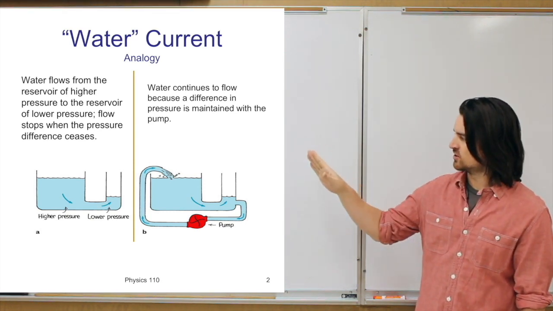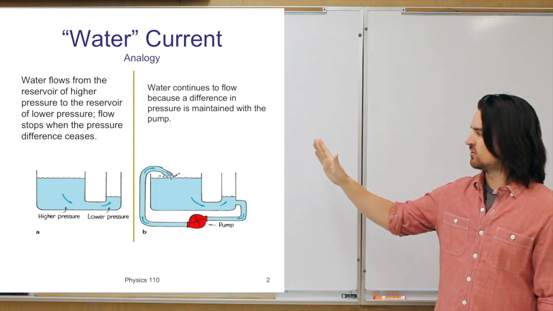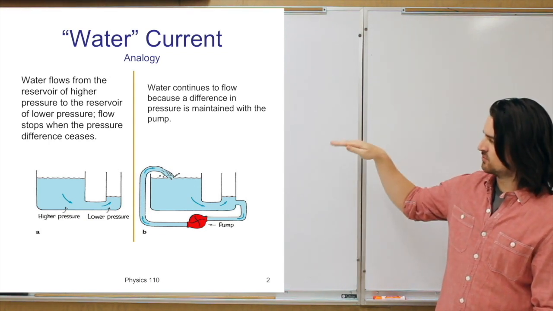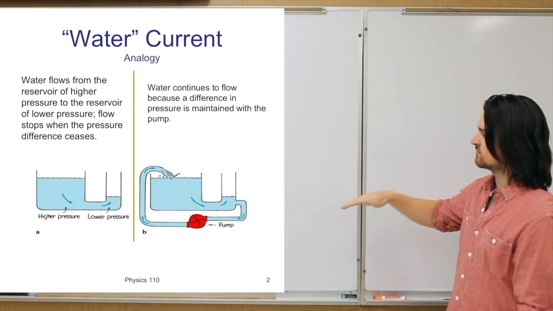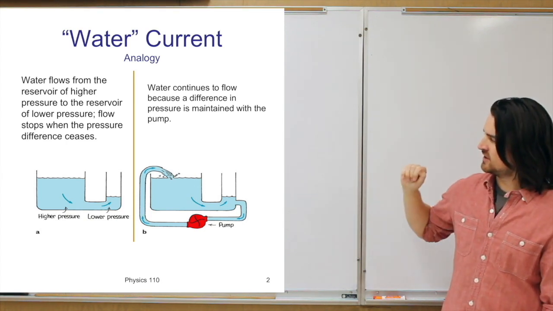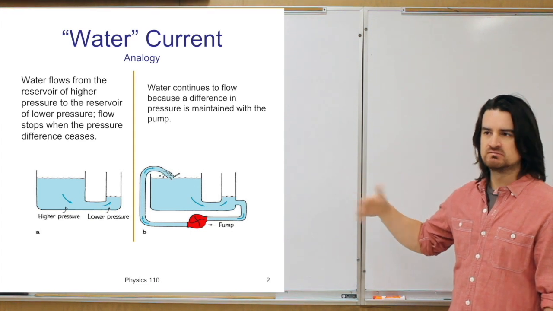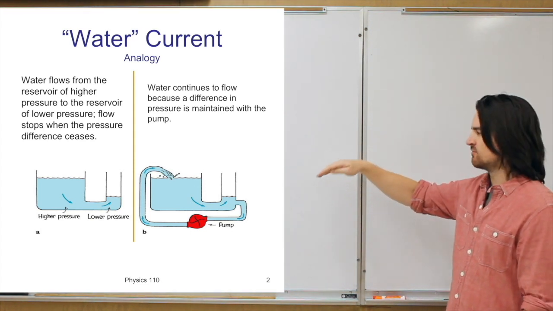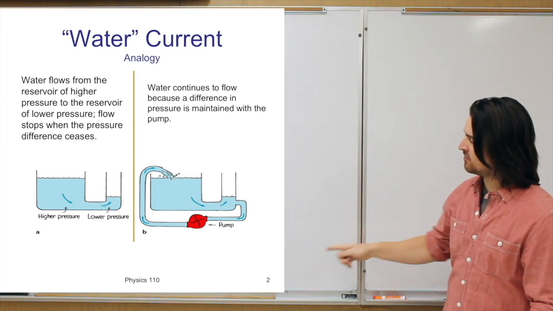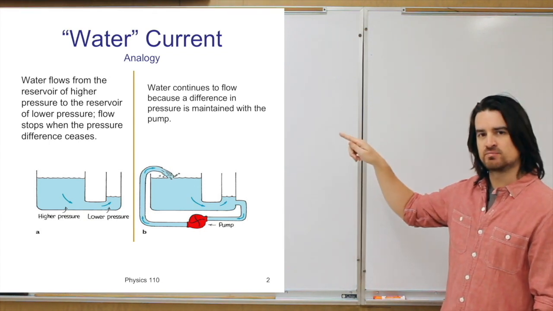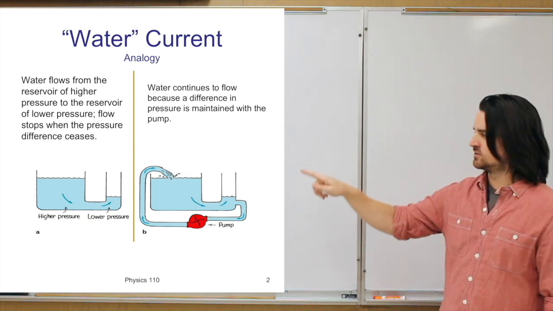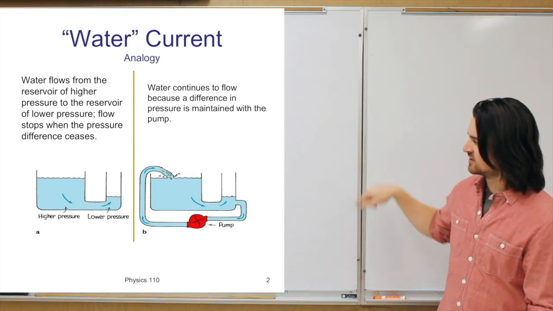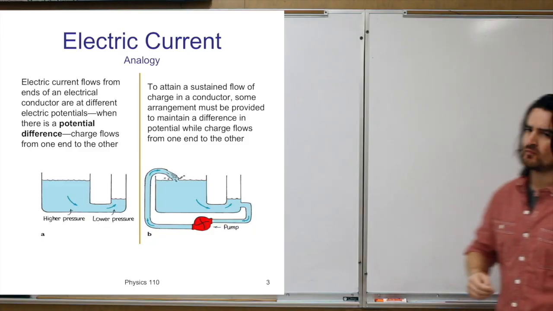The current naturally wants to flow from the left side to the right as long as those levels are different. But if the pump is pumping at a high enough rate, it will pump that same rate of water coming through the bend back over to the higher pressure side, and keep the water levels at the higher and lower level by continually pumping the water through.